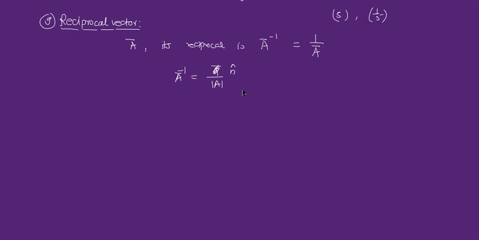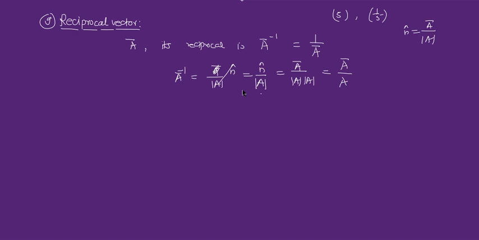So you can write this as n cap upon the magnitude of a, and as we have already known, this n cap is given by vector a bar divided by its magnitude. So I can write this as vector a bar upon magnitude a, multiplied by 1 upon magnitude a, which is nothing but vector a bar upon a square.